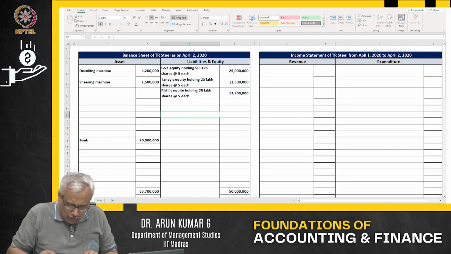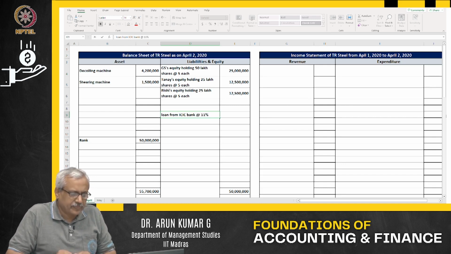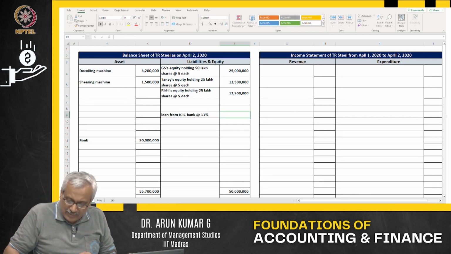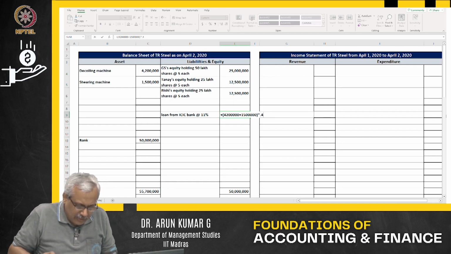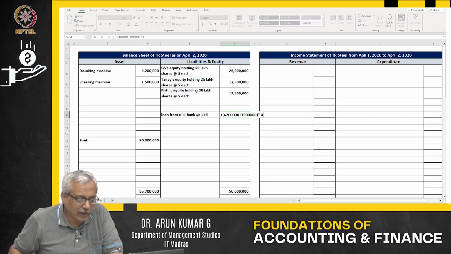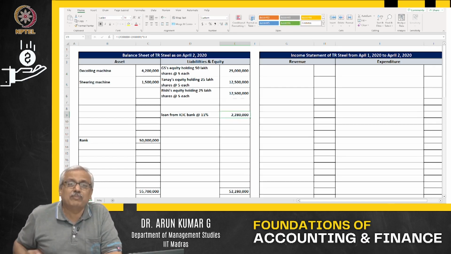Loan from ICICI Bank at 11%. What is the value? The value of the machine is 42 lakhs plus 15 lakhs into 40%, into 0.4. This is the money that you have borrowed from the bank.